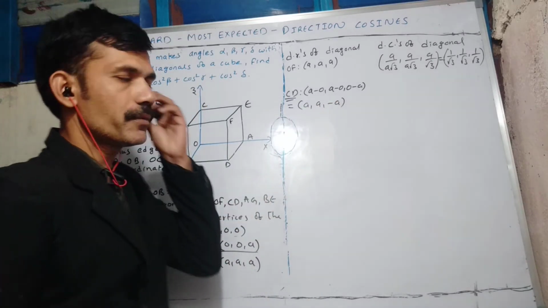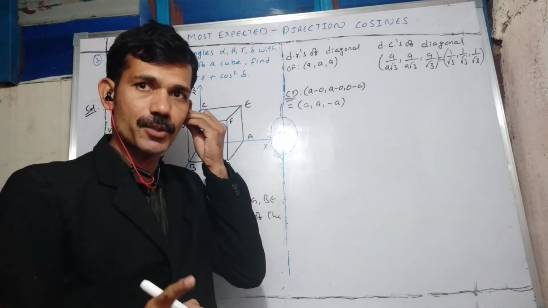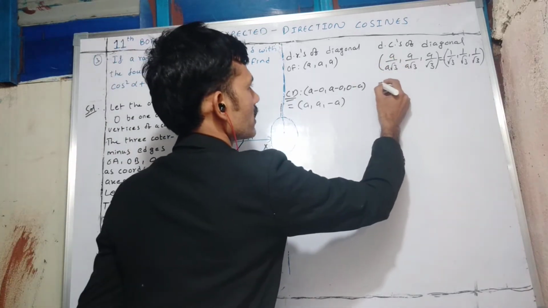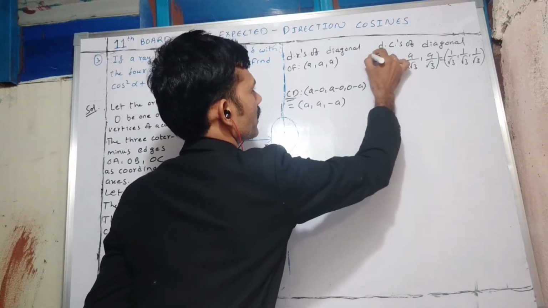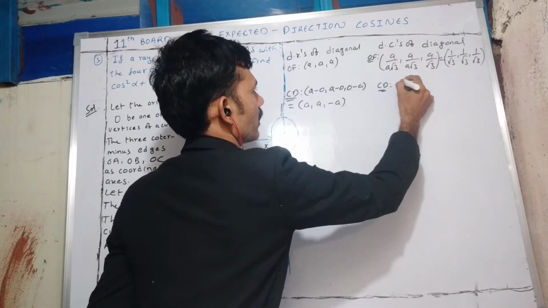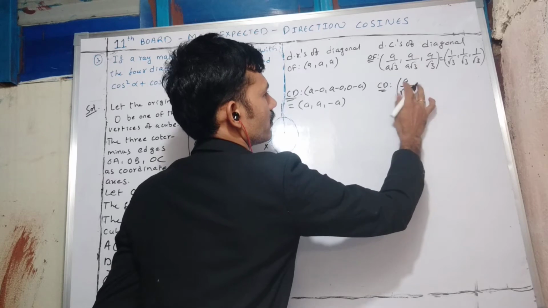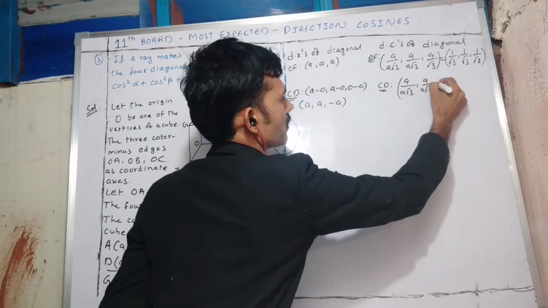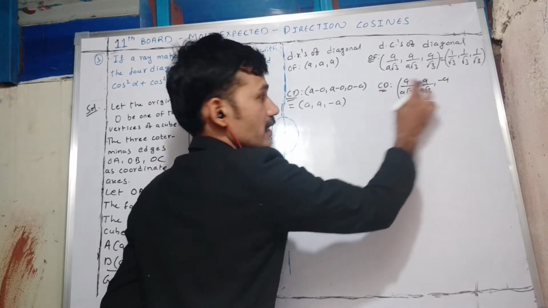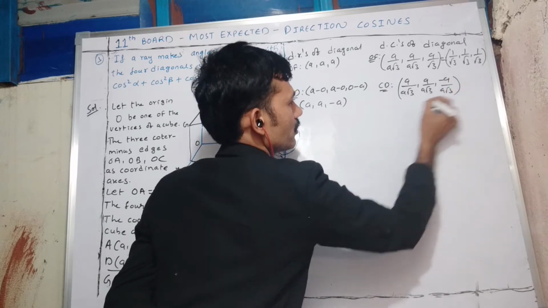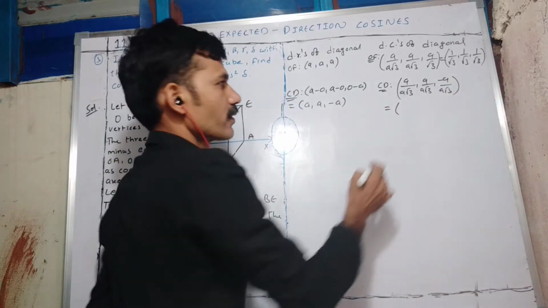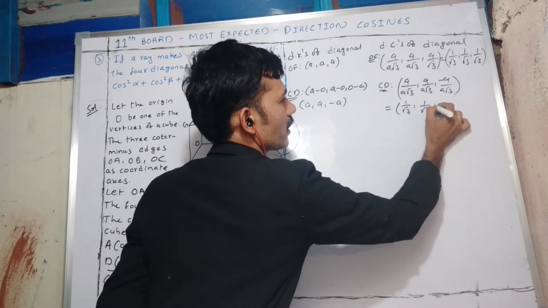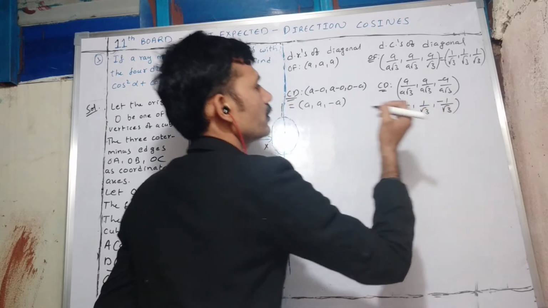Again we divide by root a square plus b square plus c square, which is root 3 times a. So the direction cosines of CD are 1 upon root 3, 1 upon root 3, and the last z coordinate is minus 1 upon root 3.